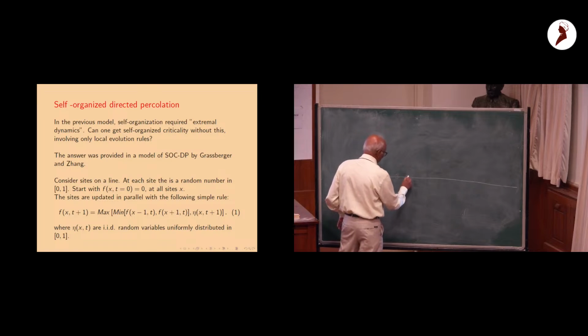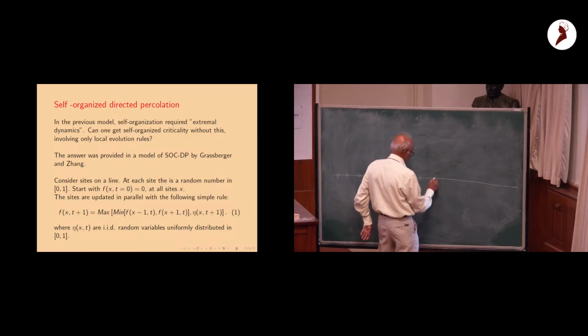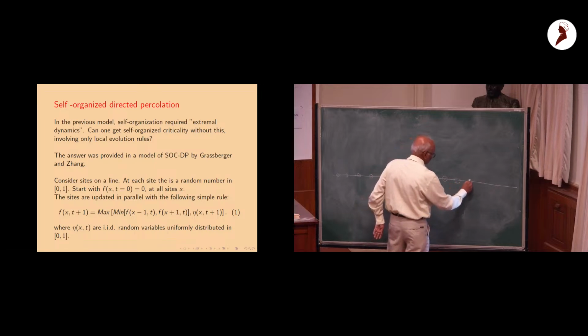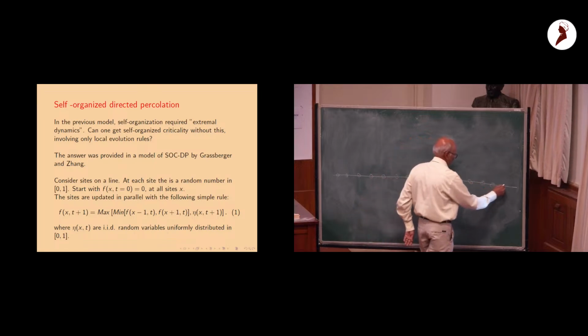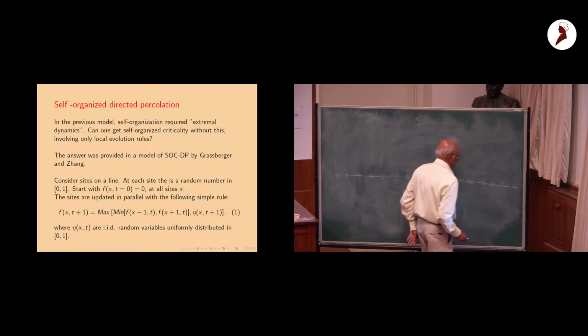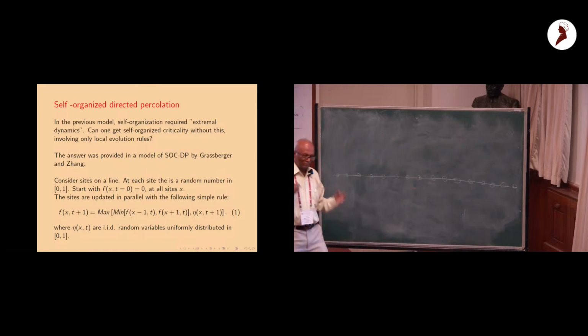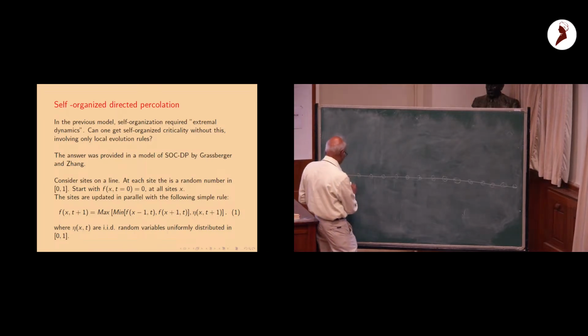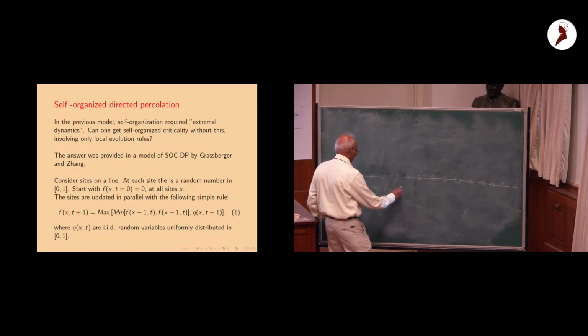So they said take a line, at each site there is a random variable. I start with f of i at time t equal to 0 at all sites for all i.